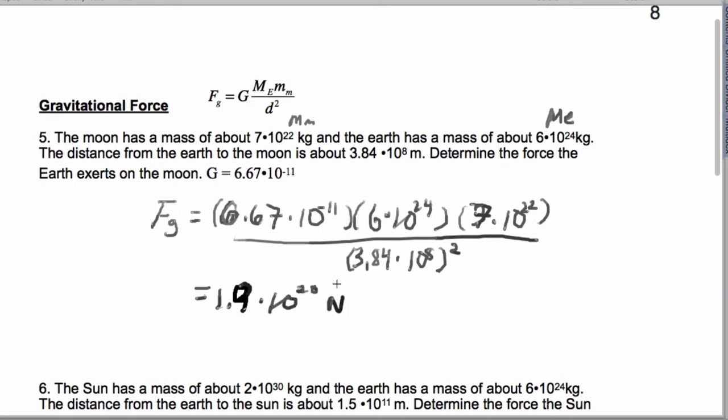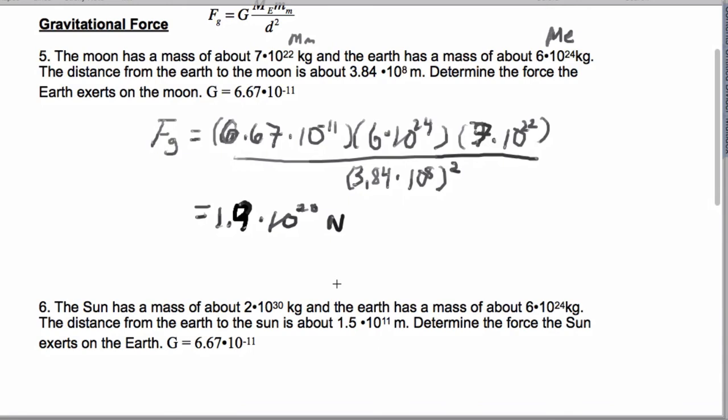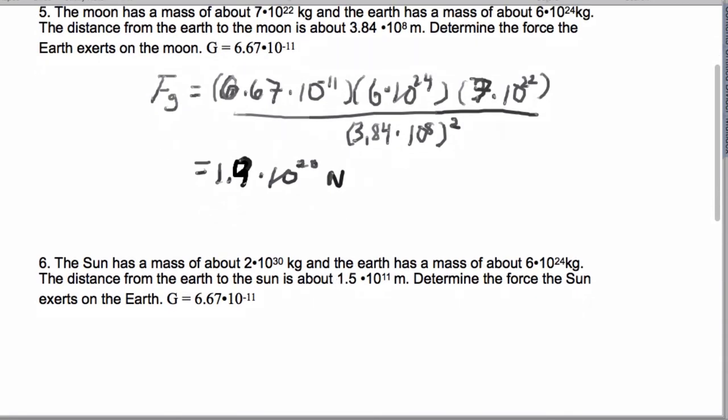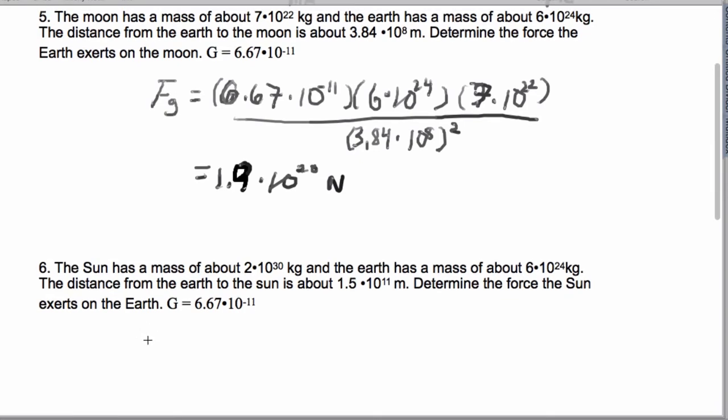All right, now we're going to repeat a similar calculation for the sun and the earth. We're going to now look at the force of the sun as it pulls on the earth. So that's going to be Fg equals G times mass of the sun, mass of the earth over the distance squared.